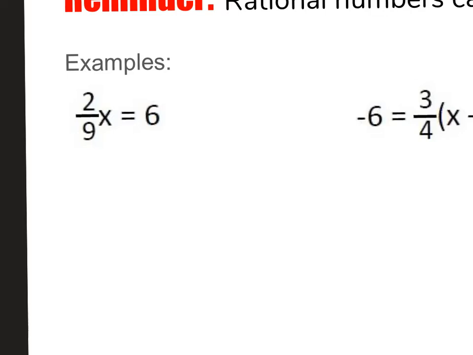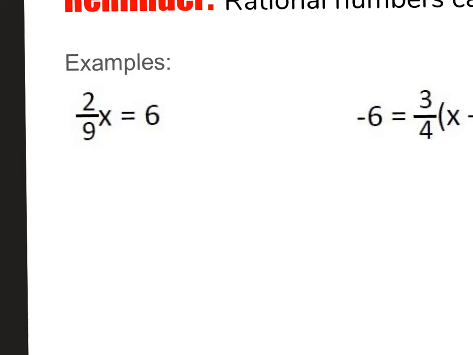We want to get x by itself, which means we have to get rid of this 2/9. When a number or a fraction is right next to a variable, the coefficient, that expresses multiplication. So to undo that, we need to divide. Now, I know you're thinking, oh my gosh, no thanks, I don't want to divide by a fraction. It's not that bad.